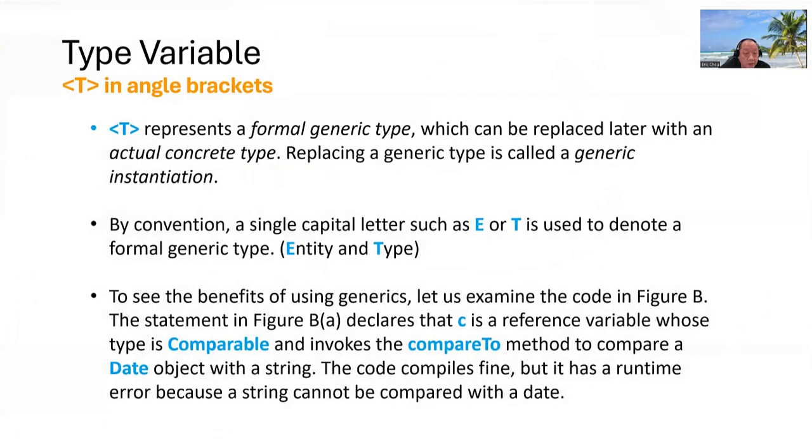Okay, let's continue. So there's a type variable. Type variable sometimes using E or using T, that's either way. E as entity, T as type. Okay. So either one. So sometimes also maybe N for numbers.